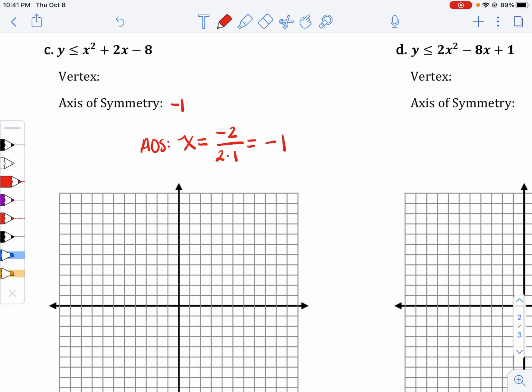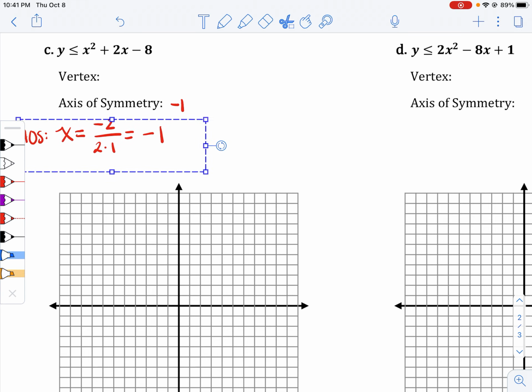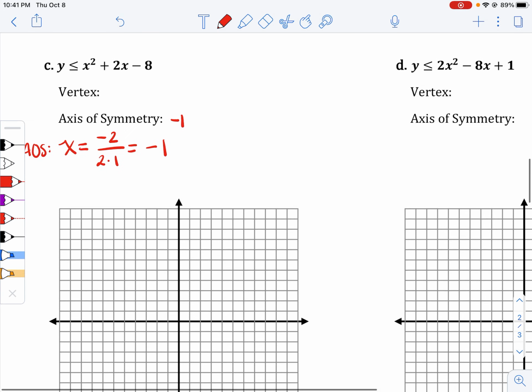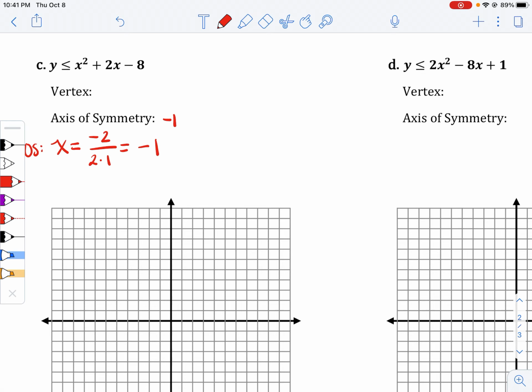If that's my axis of symmetry, then my vertex is plugging -1 in for x. And here you can almost treat this as an equal sign, really. So this would be 1 minus 2 minus 8. So I would get y equals 1 minus 2 is -1, so it'd be -9. So then my vertex is -1, -9.